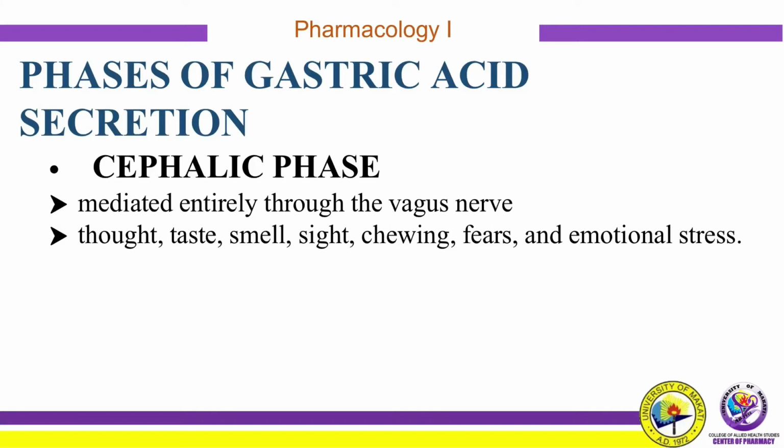The cephalic phase of gastric secretion is mediated entirely through the vagus nerve. It contributes about 30 to 50% of the total postprandial acid production. The vagus nerve is the sole neural link between the brain hierarchy.